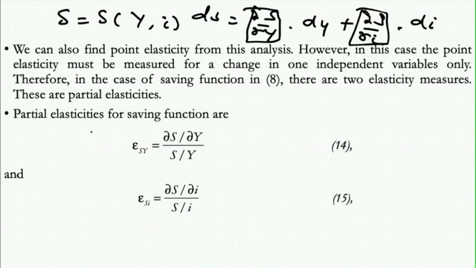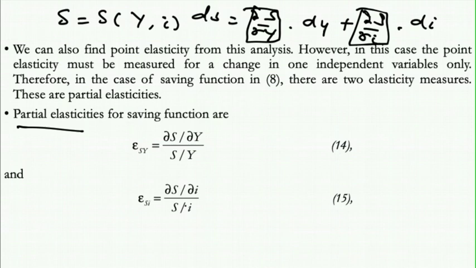Now you look at this, and from here we can have the partial elasticity for the saving function. The partial elasticity is given by this. You just need to take MPS here, and then divide it by the ratio of s over y. The same goes for the interest rate: you take delta s over delta I and divide it by the ratio of s over I. So that's one application you can think of.